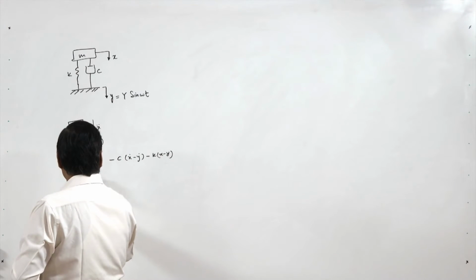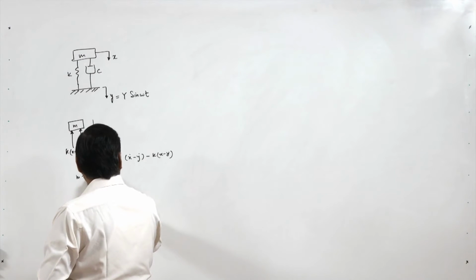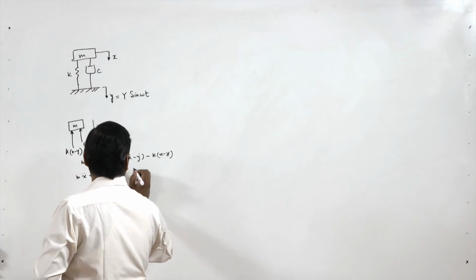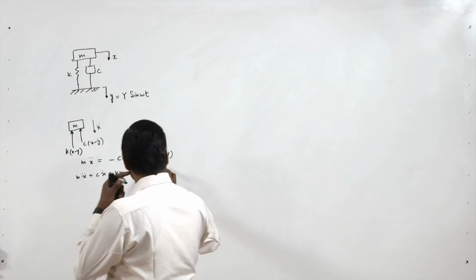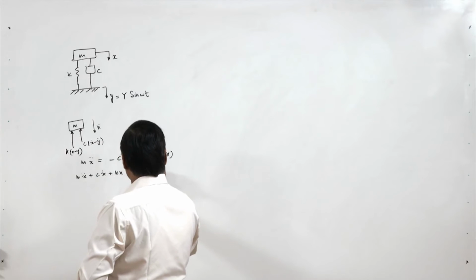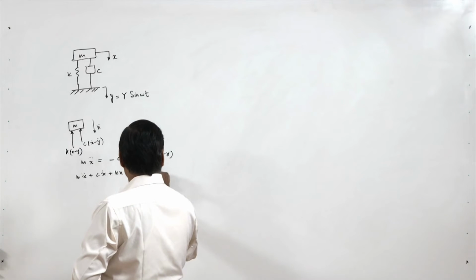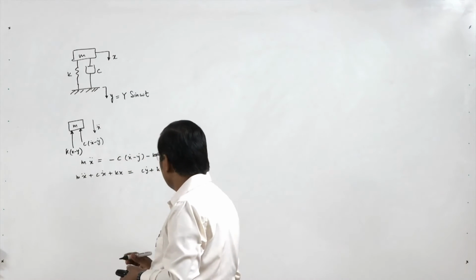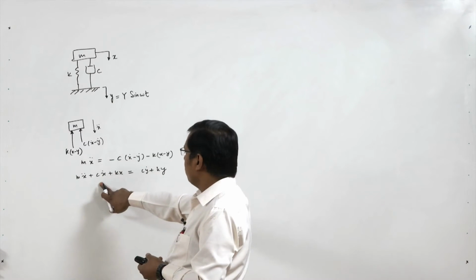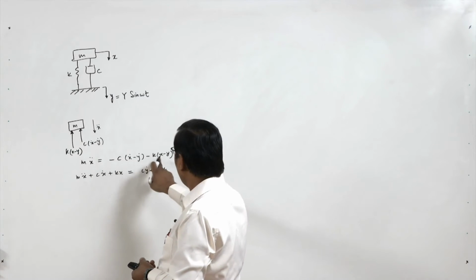So we can write m x double dot plus c x dot plus k x equal to c y dot plus k y. We have minus c x dot, we bring it to the left side, so it is c x dot, and this is k x, and plus c y dot and plus k y.